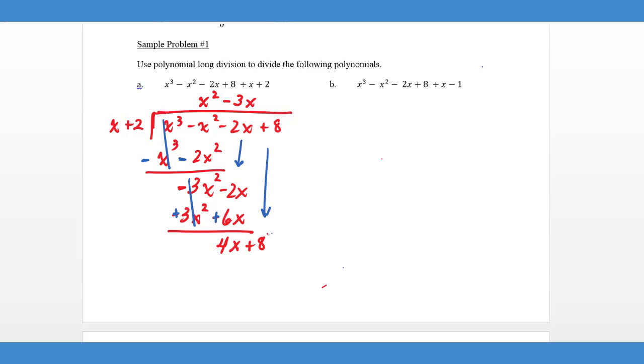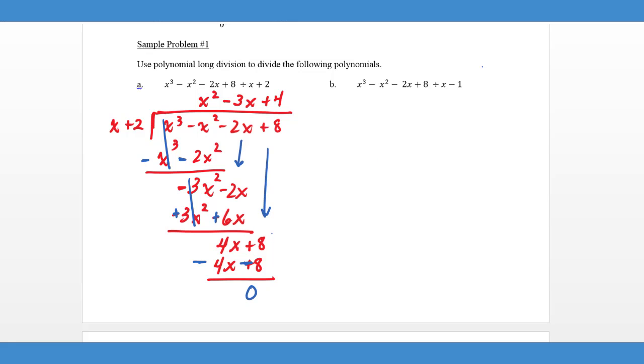And then I need to decide, what do I need to multiply times x to get 4x? So I'm going to multiply a positive 4, so that's going to give me 4x plus 8. And then we're going to distribute a negative, and that's going to leave me with a remainder of 0.